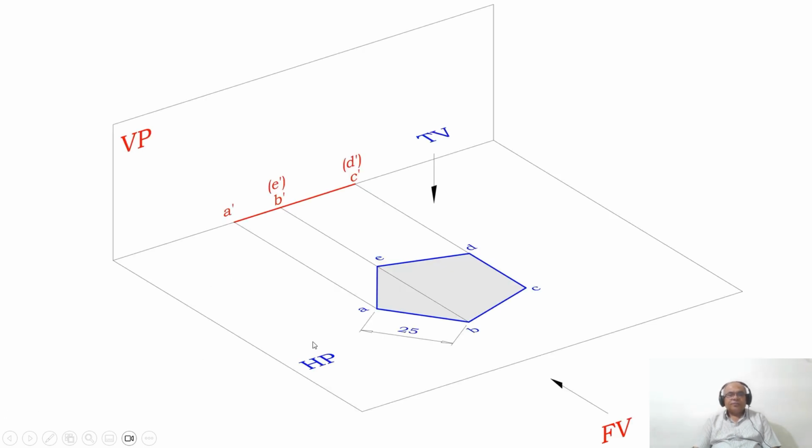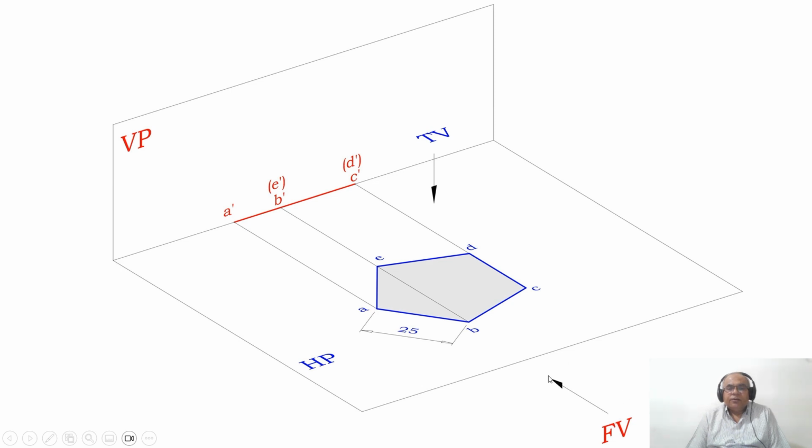As we know, he says one of the edges is resting on HP. So obviously the initial position has to start from HP only, that is from the top. Here, first you draw a pentagon of 5 sides such that one of the edges is perpendicular to VP. You can see that this is the edge which is perpendicular to VP. The side opposite to that is a corner.